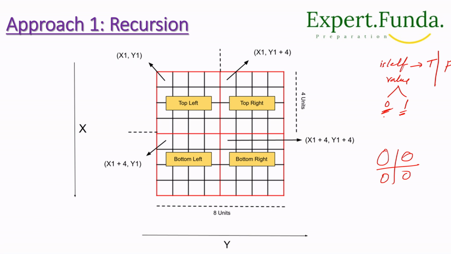Now we will check the process. The possible way to divide the matrix into 4 parts, we'll understand later. What we can see in the problem explanation is that the matrix is repeatedly divided into 4 subparts again and again.